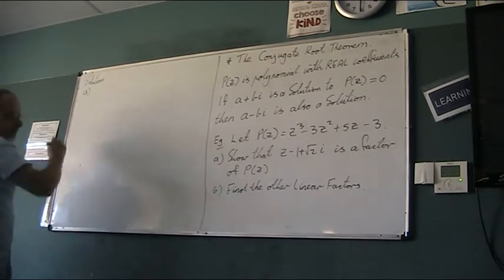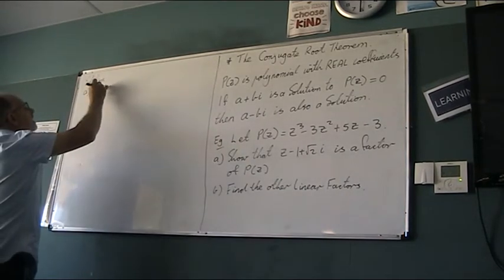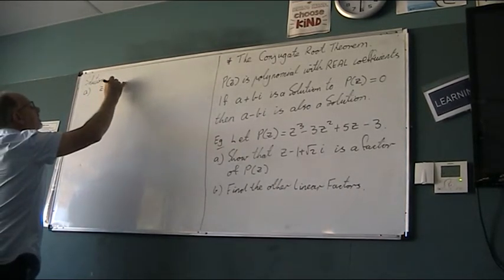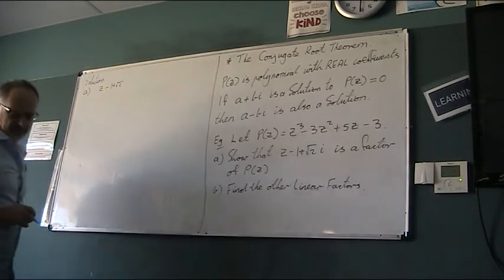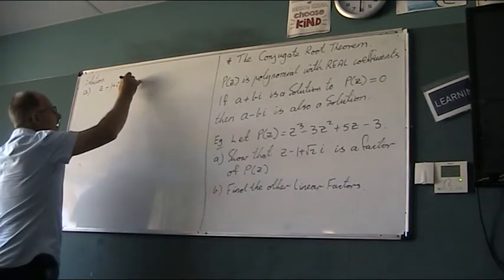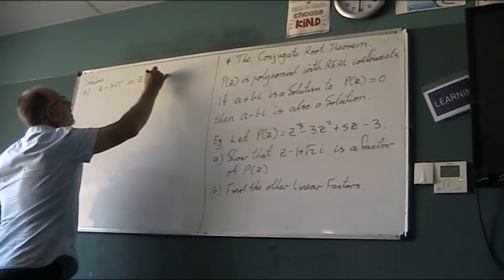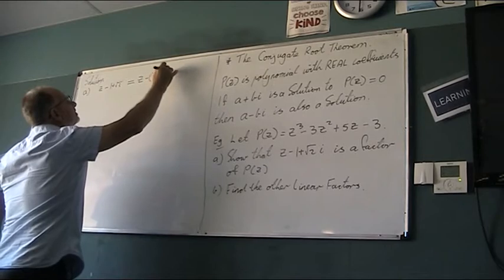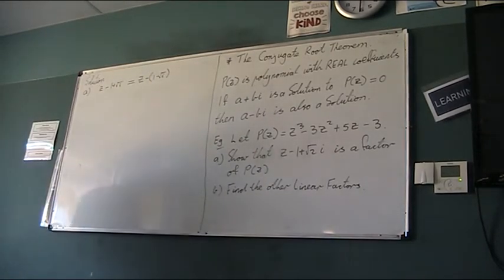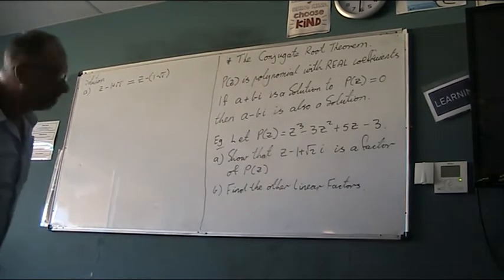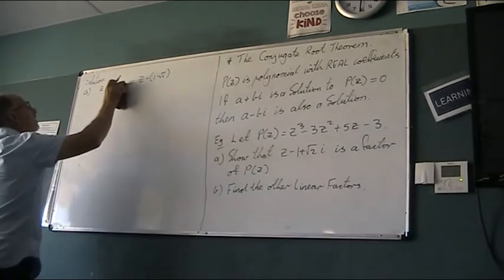So we've got to show that z minus 1 plus root 2i is a factor. So what I'm going to do is I'm going to say, well, that's the same as, I put in brackets, oops, written that wrong, root 2i, not root i.